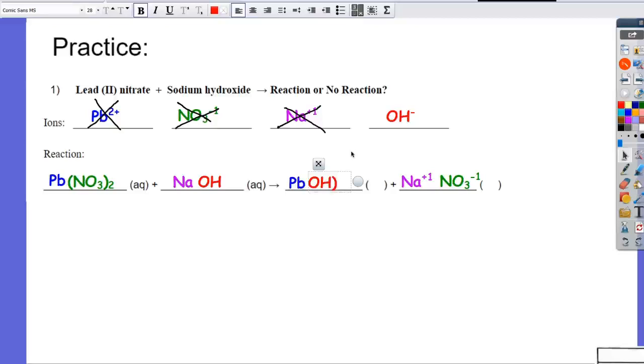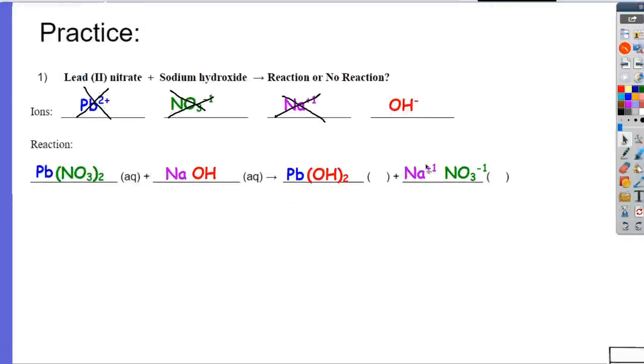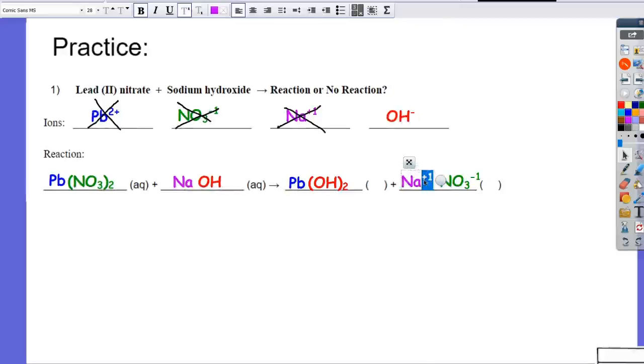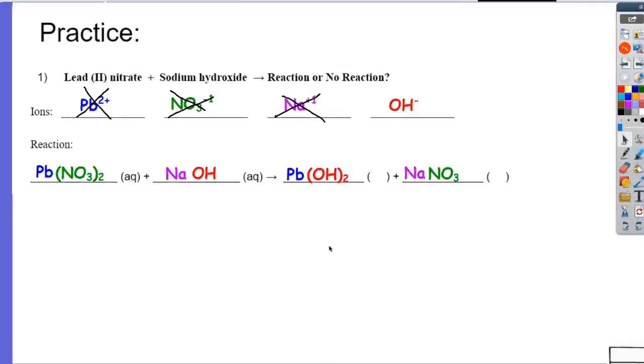So my hydroxide is going to need a parentheses with the 2 outside of that parentheses. And then my sodium is going to give a 1 subscript to my nitrate, so I don't need to write anything. And my nitrate has a charge of 1, so it'll bring a 1 down to my sodium. So these two balance out. Remember, your final formula should never ever have charges written in.